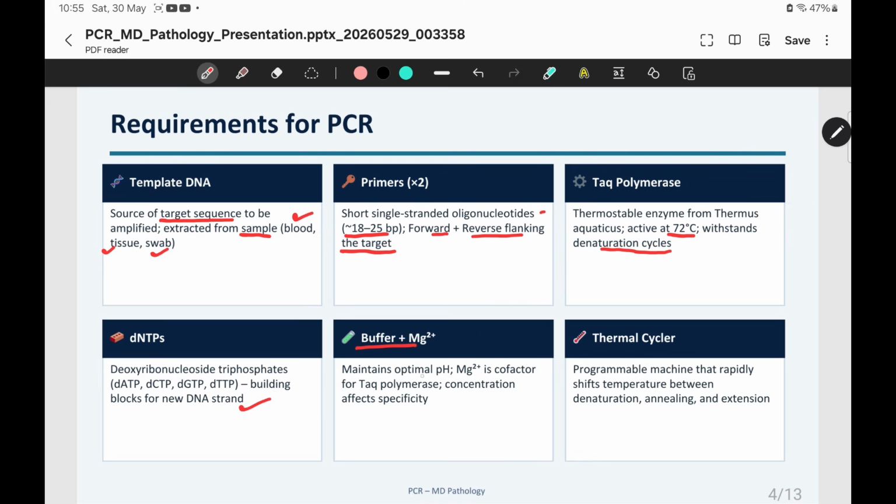This maintains optimal pH, and magnesium ion is a cofactor for Taq polymerase enzyme. Their concentration affects the specificity of the process. We also need a thermal cycler, a programmable machine that rapidly shifts temperature between the denaturation, annealing and extension steps.